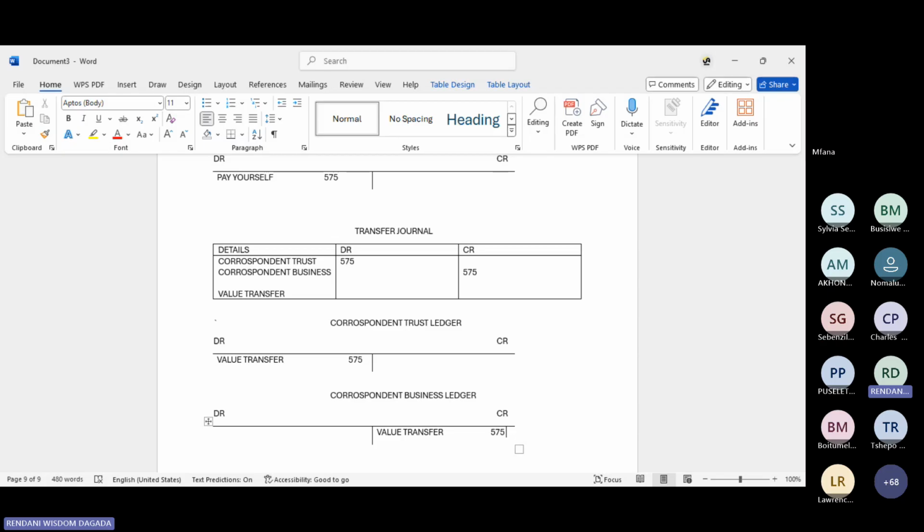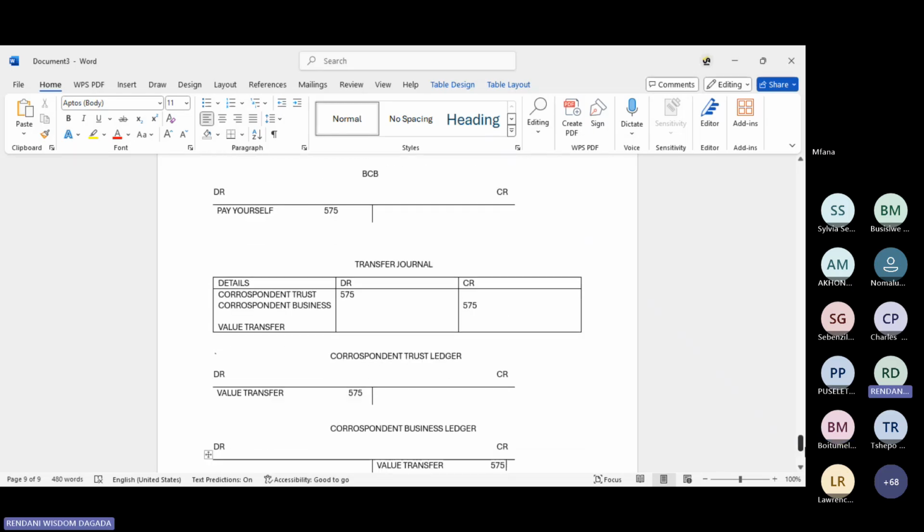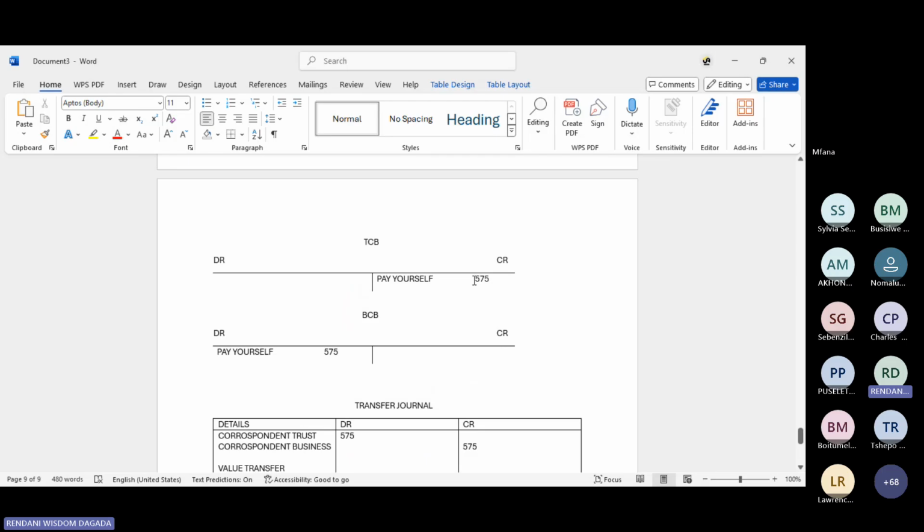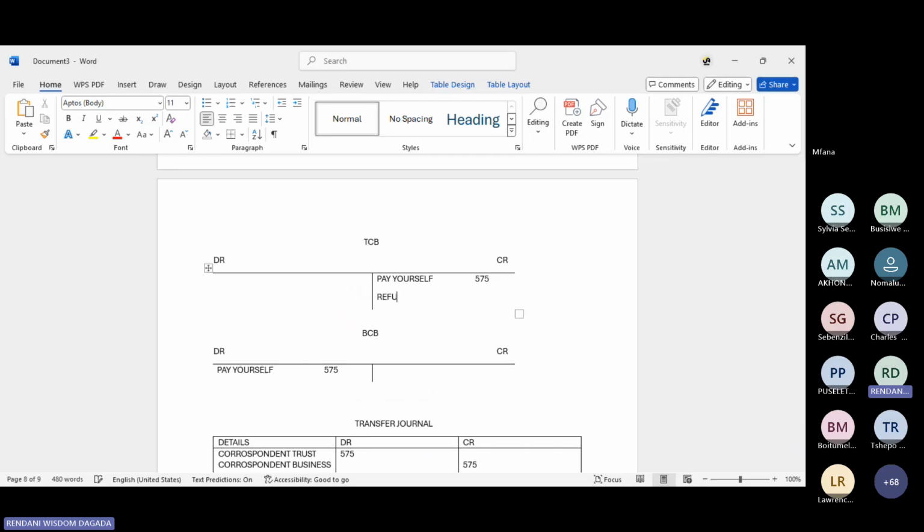That EFT of 2,850 is the money that you received from the correspondent, and you paid yourself 575. So 2,850 minus 575 is how much? 2275. Correct.